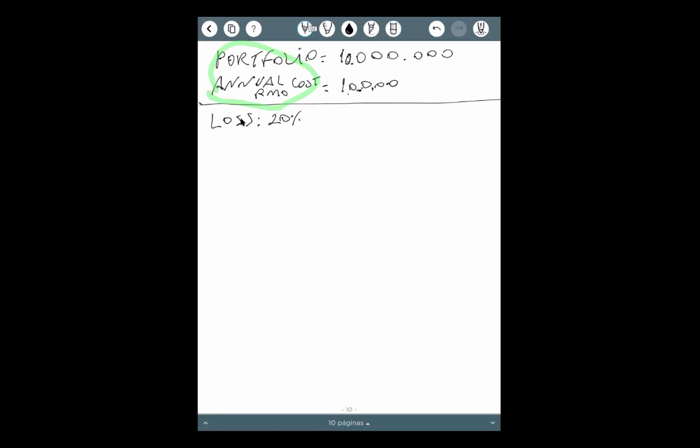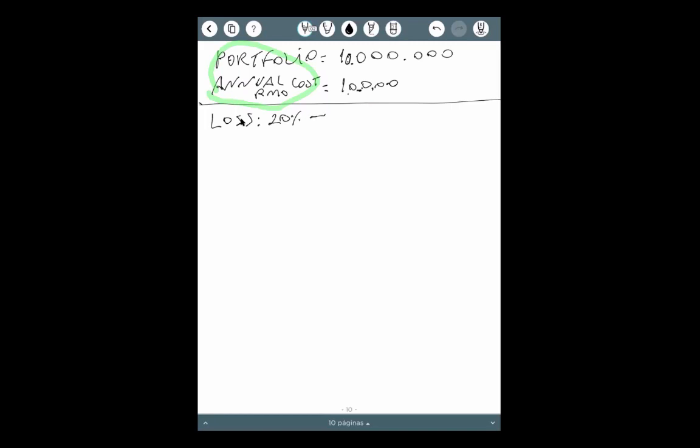So if we suppose that the loss that we had last year, in percentage numbers, if we don't do anything, this loss will happen again in the next cycle, okay?